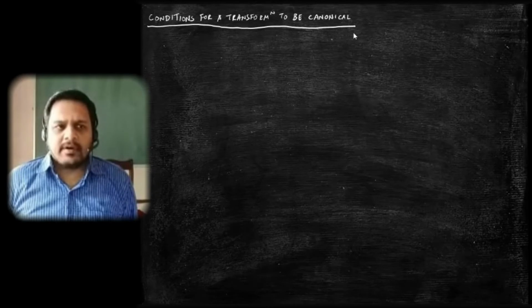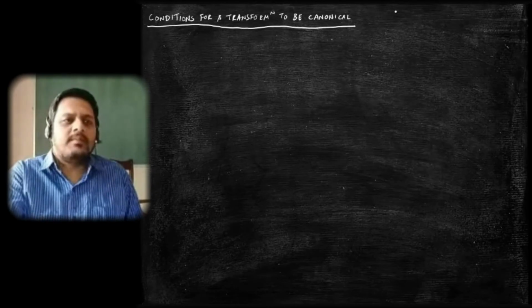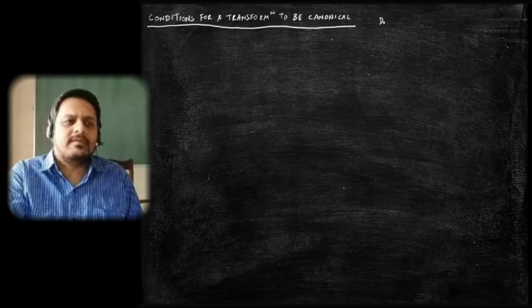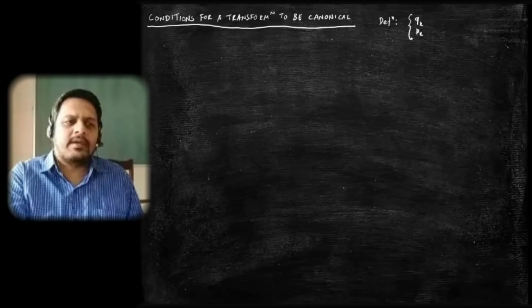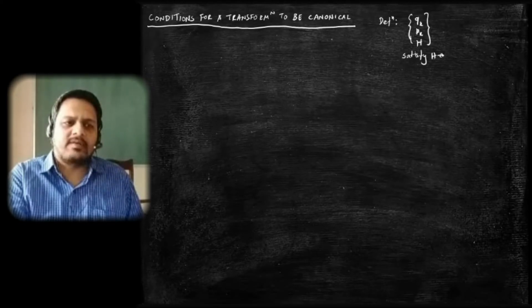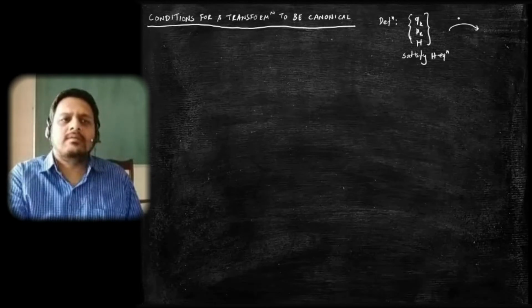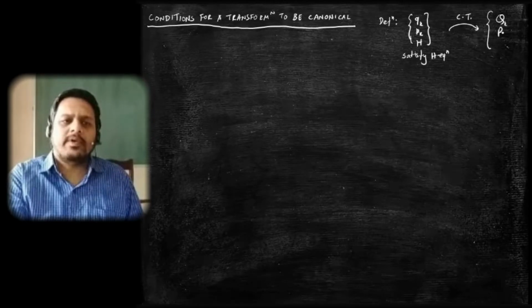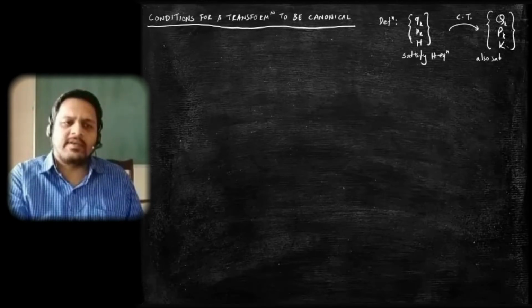Basically, our definition of canonical transformation is: if Qk, Pk and H are satisfying the Hamilton equations of motion, then if we do a canonical transformation, the new variables capital Qk, capital Pk and the new Hamiltonian K will also satisfy the Hamilton equations of motion.